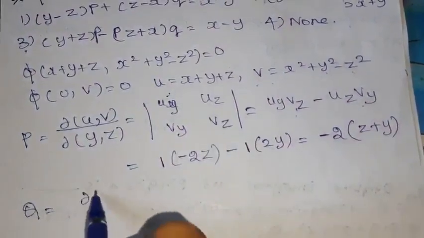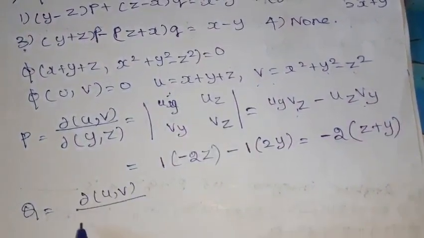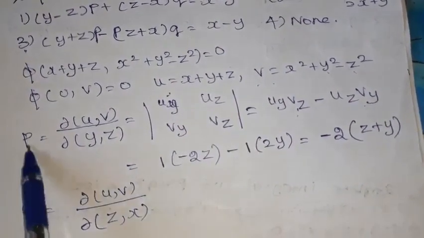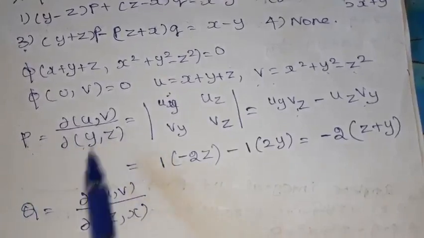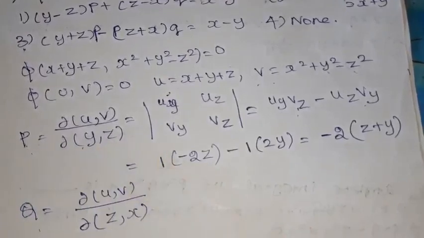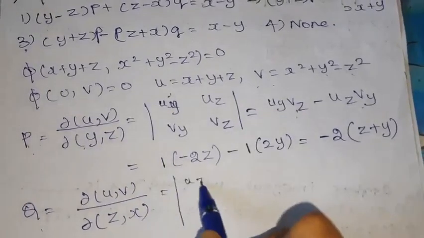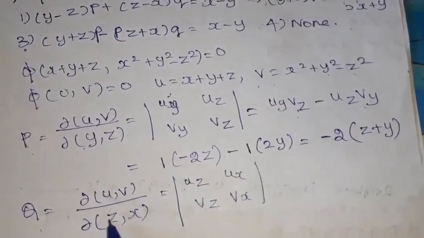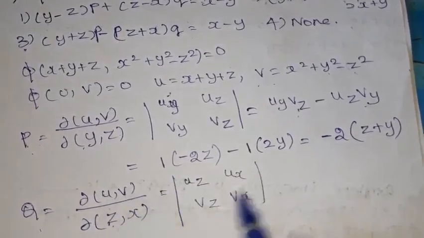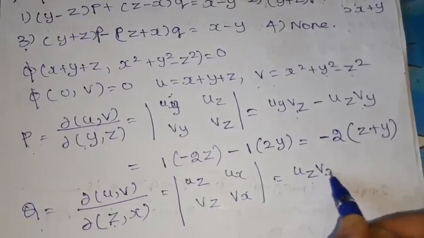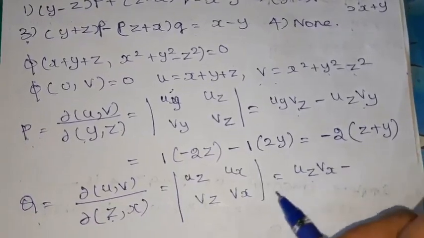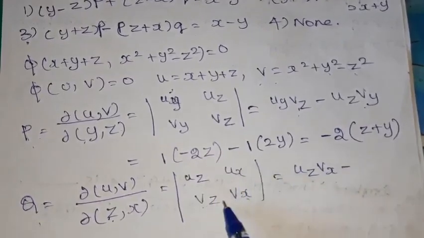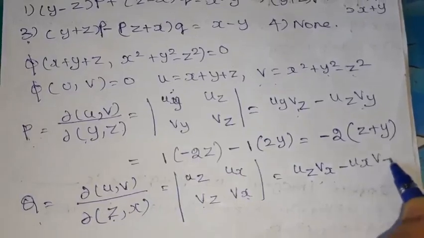Then what is q? Dou of u comma v divided by dou of z comma x. It is dependent on x, so we write z, and y gives zx. Then we write it as uz ux, vz vx. We should be very careful while writing these terms. Uz into vx minus, cross multiplying when taking the determinant, ux into vz.